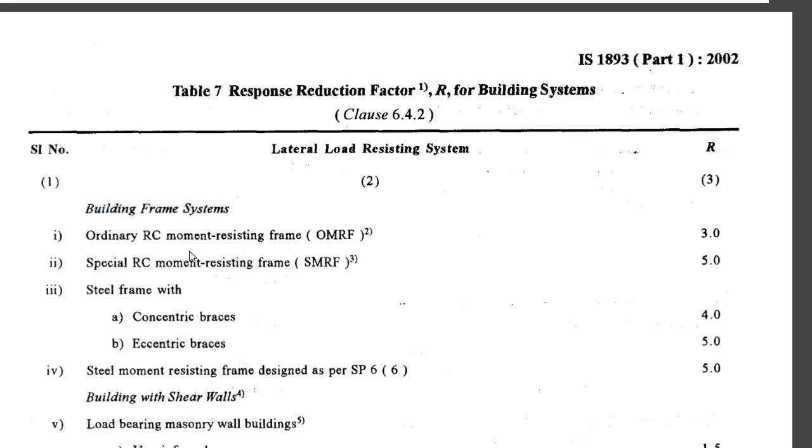In the question they have indirectly given it as SMRF, means it is a frame system. So SMRF stands for special RC moment resisting frame. So they have given SMRF, so take the value of R as 5. Okay.